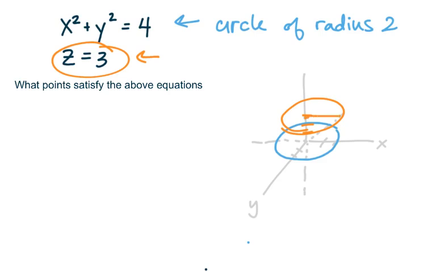It's still a circle of radius 2, and this point would be 0, 2, 3, or we'd have a point over here, which would be 2, 0, 3. So the 2 equations that we were initially given represent this circle, but instead of being directly on the xy plane, the z equals 3 moves it up 3 units above the xy plane.